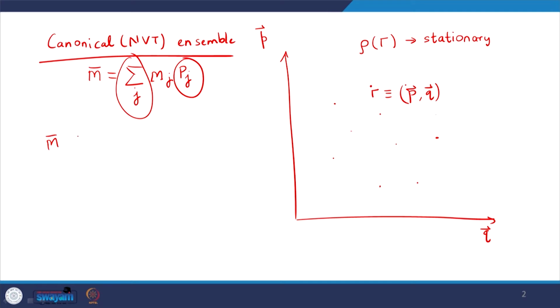We prefer the representation M under angle brackets, where this thing corresponds to an ensemble average, so that the meaning of the average is more clear.